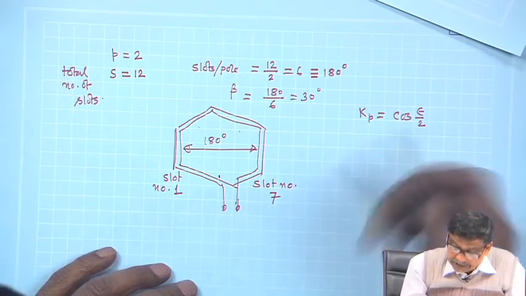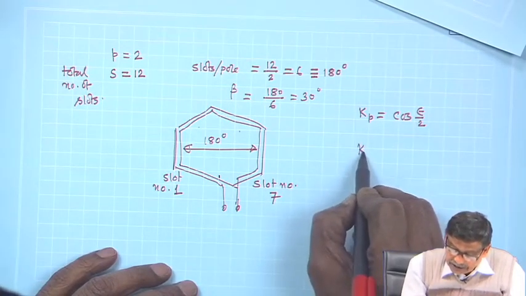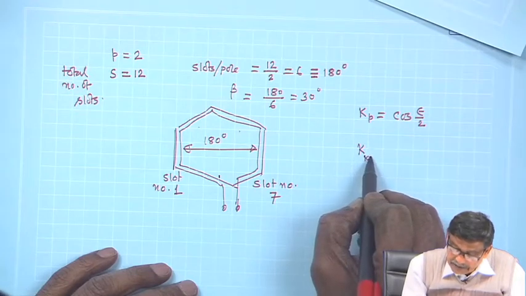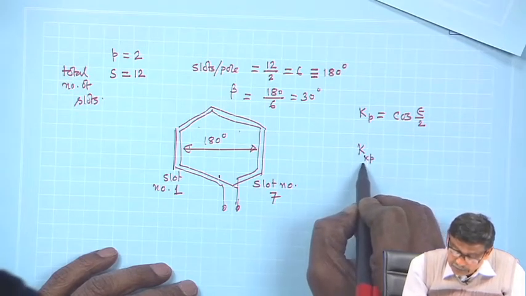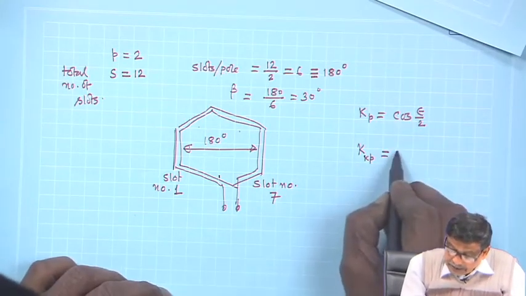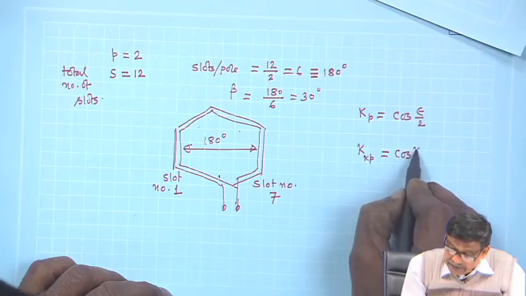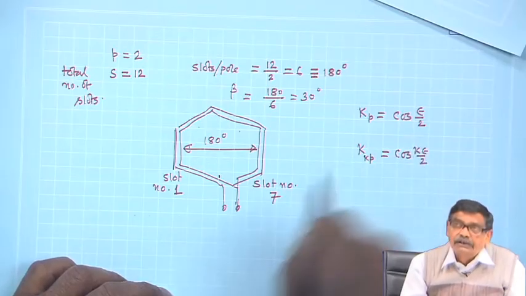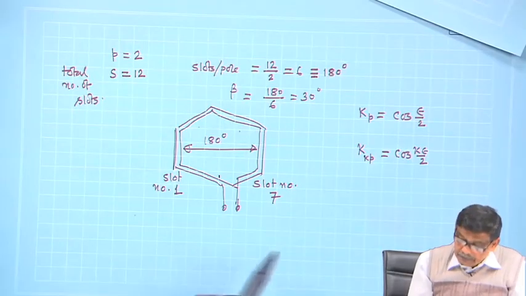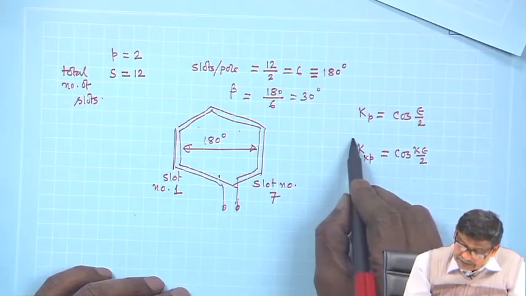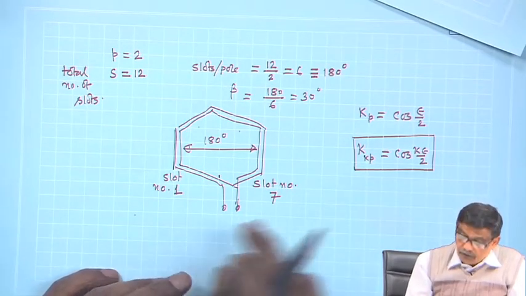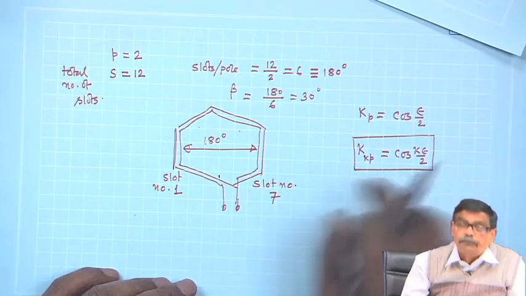Suppose for kth harmonic, what will be Kp, the kth harmonic pitch factor, how much will it be? Replace epsilon by k epsilon by 2, that is all. Electrically it will be much more now. Therefore, this is the pitch factor for kth harmonic.